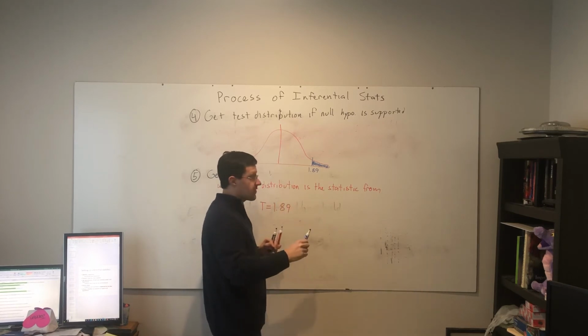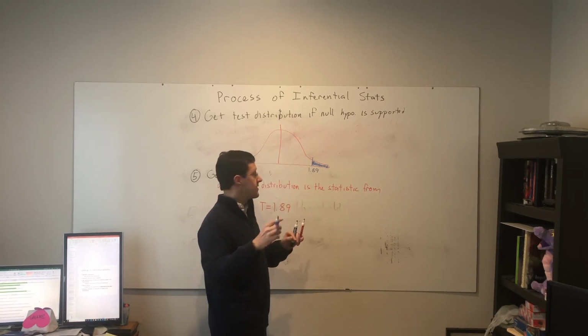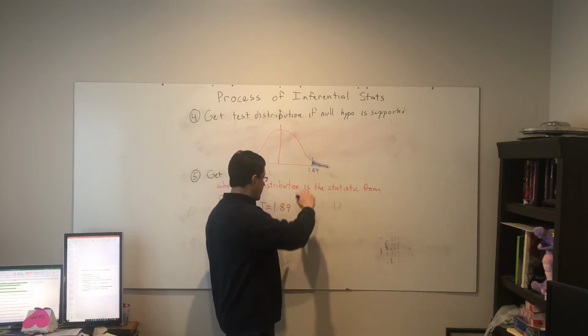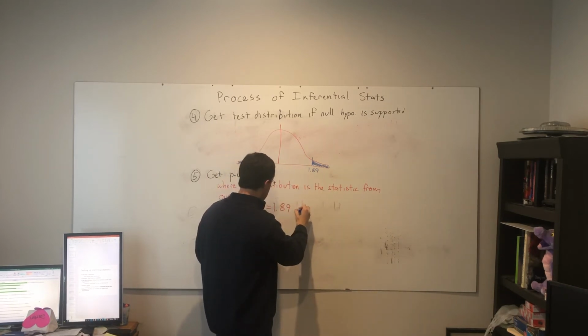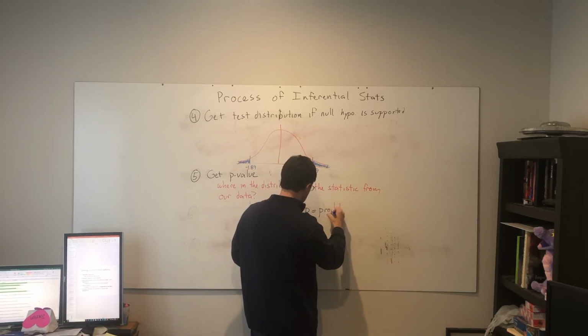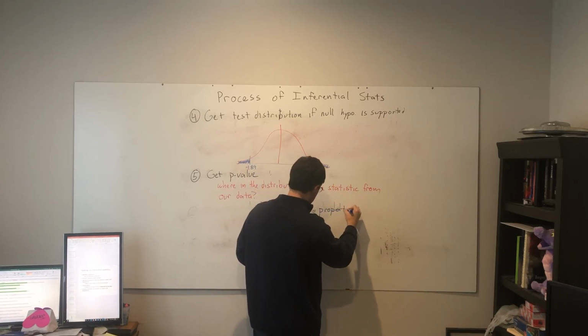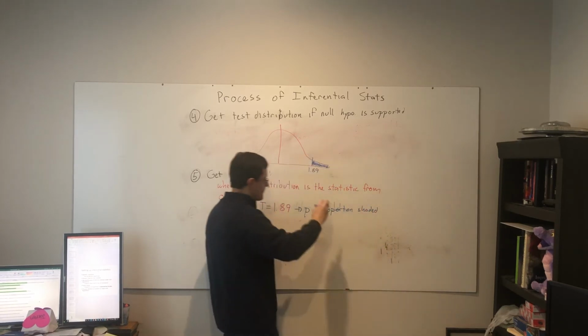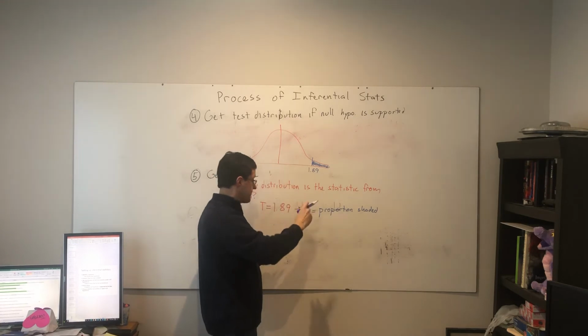Where in the distribution is that statistic? Which is then the p-value, the proportion that is shaded.